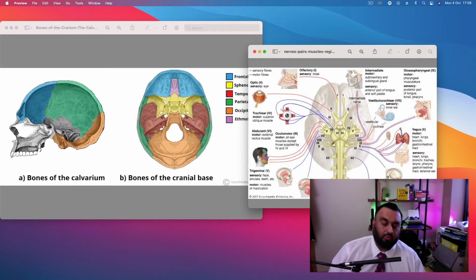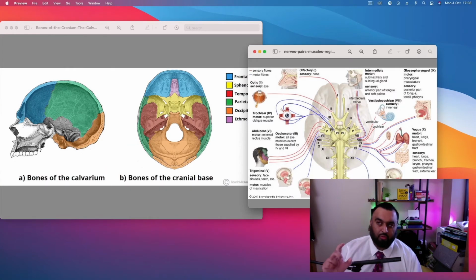So cranial number 3, also known as the oculomotor nerve, assists in moving the muscles of the eye and the fibers within. So it provides general somatic efferent and general visceral efferent fibers to the extraocular muscles around the eye, and also the pupillary constrictor muscles within the eyeball.